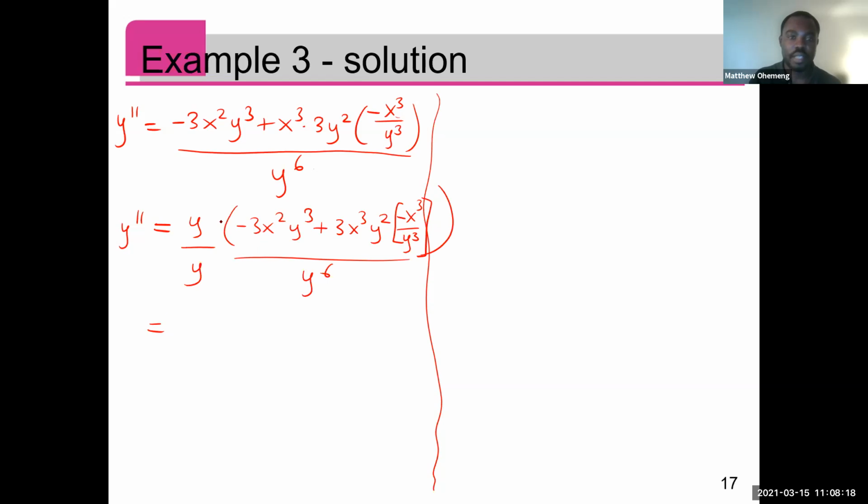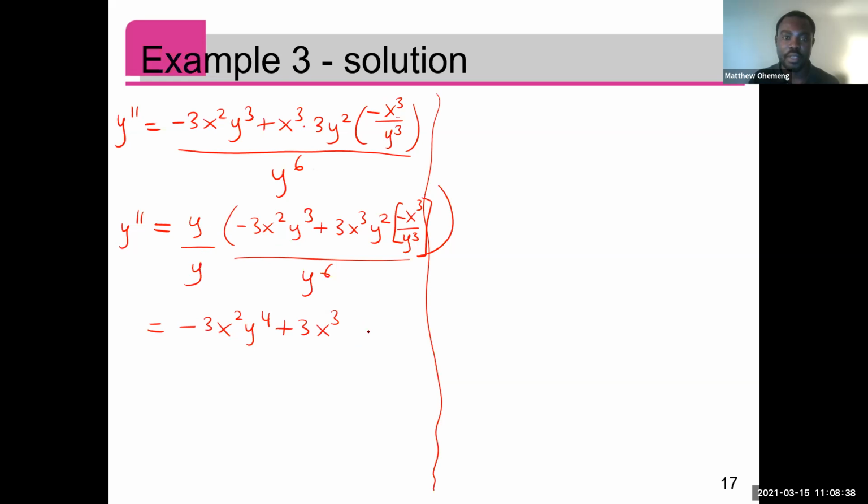And then in doing this, I can just distribute the y through, so I get negative 3s squared y to the power 4. And then this part will be plus 3s squared times s cubed, and then this will be y squared times y, that's y cubed, and then it will cancel out. That's the main reason why I did that multiplication. So they will cancel out.